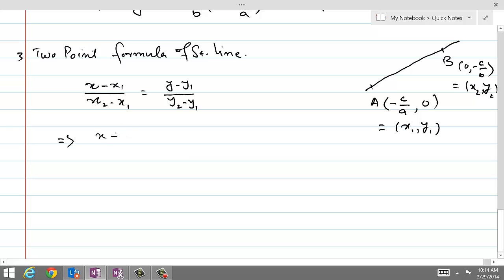So x minus x1, which is minus c over a, will ultimately become plus c over a, divided by x2, which is 0, minus x1, and the minus again will become c over a, equal to y minus y1, which is 0, over y2, which is minus c over b, minus 0.